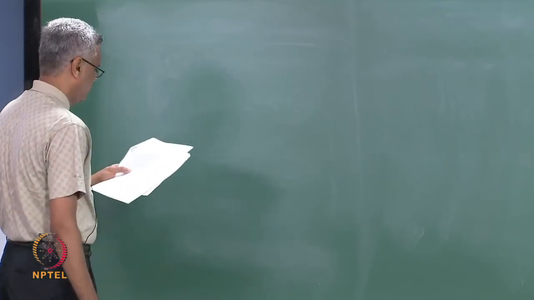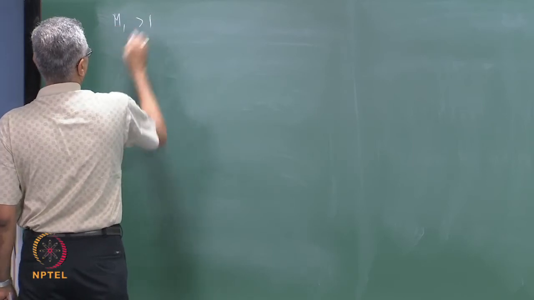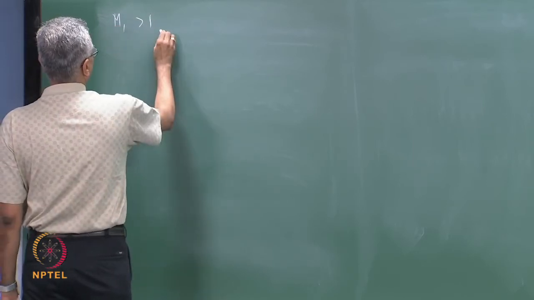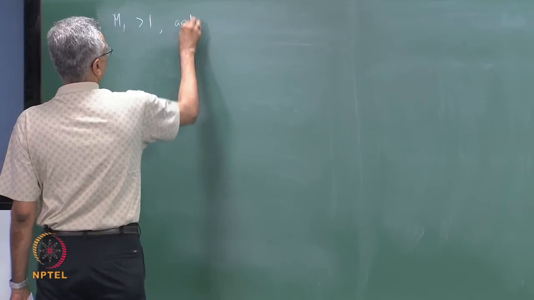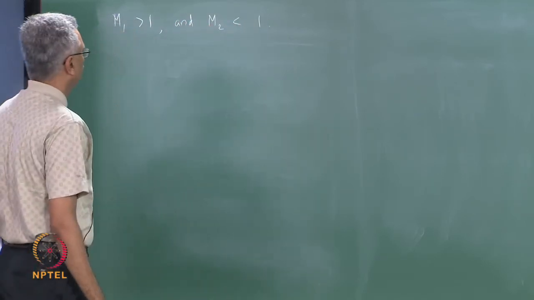Okay, so we have derived the solution for M2 and we showed that the only permitted solution is M1 greater than 1, supersonic, and M2 subsonic. This is the only solution that is permitted.